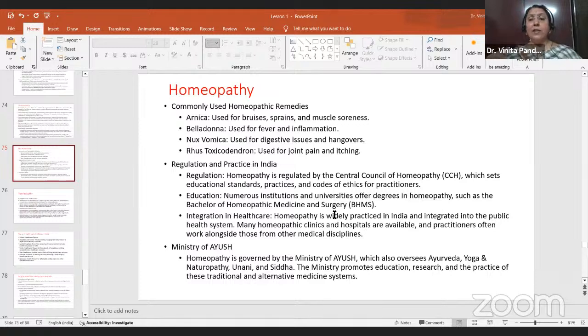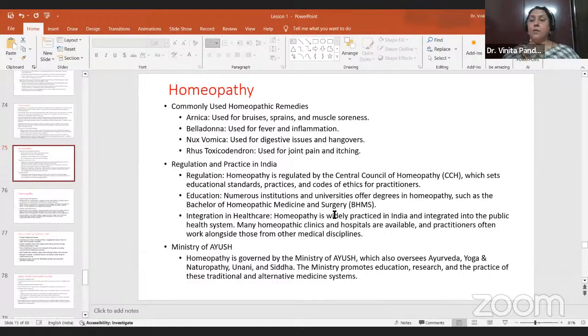And this is also regulated by the Central Council of Homeopathy, which sets educational standards, practices, and codes of ethics for the practitioners. There are several institutions and universities offering degrees in homeopathy, such as Bachelor of Homeopathic Medicine and Surgery.